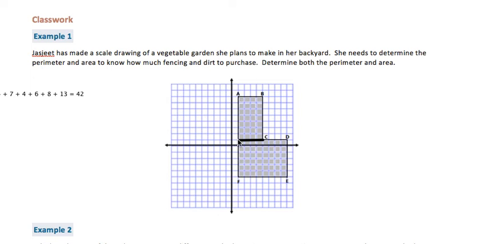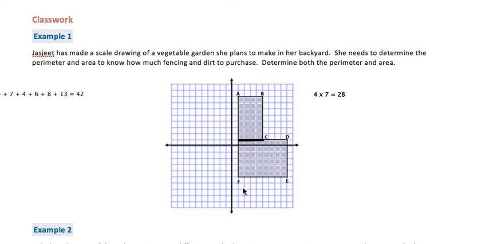The top one, which includes vertices A, B, and C, and then the bottom one, which includes vertices D, E, and F. So the area of our top rectangle, and remember area is base times height, we have a base of 4, counting across, and our height 1, 2, 3, 4, 5, 6, 7. So 4 times 7, or 28 square units, will be the top.